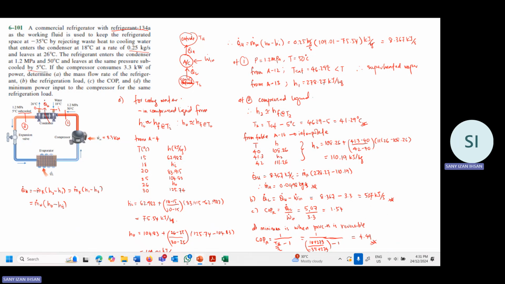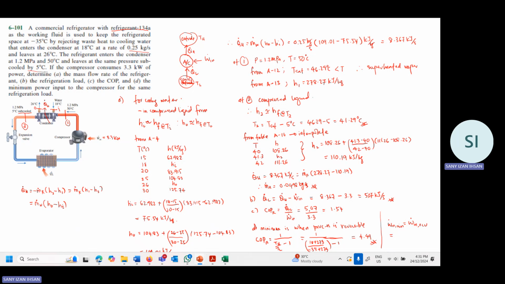We have not done the power yet. In terms of the power, you need to relate. Let me use this small space here. I don't have much space. The work in minimum is equal to work in reversible. It will be minimum when the system is reversible.